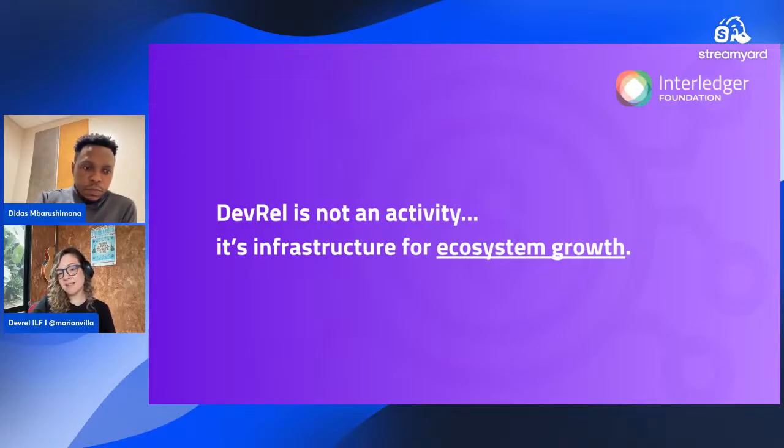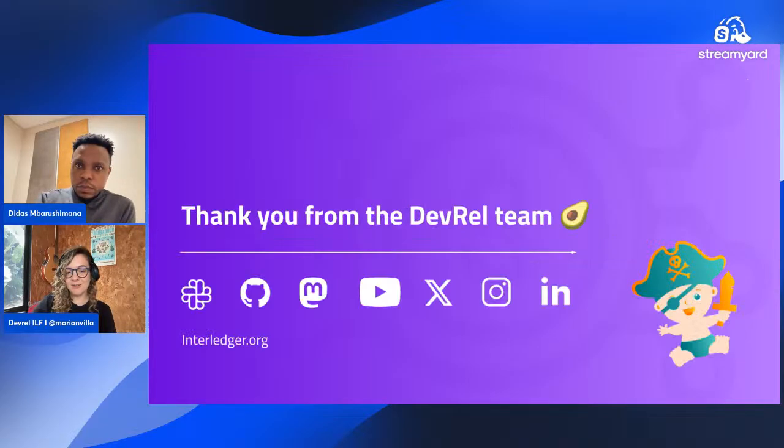As I say, my work here is not an activity, it's an infrastructure for ecosystem growth, similar to what these open standards are looking to create. So thank you from the DevRel team, and this is a direct invitation to grow in the community. Technology only becomes impactful when people adopt it.